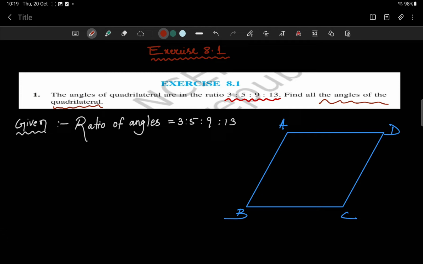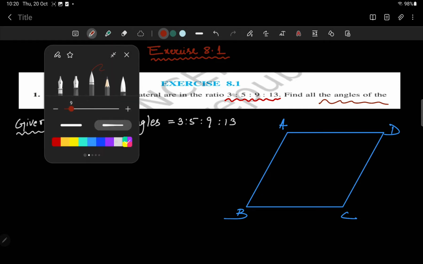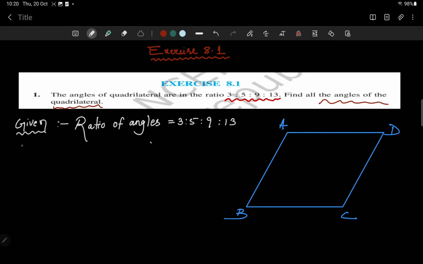This one you know very well: when ratios are given, you have to take them as x. So let the angles be 3x, 5x, 9x and 13x.